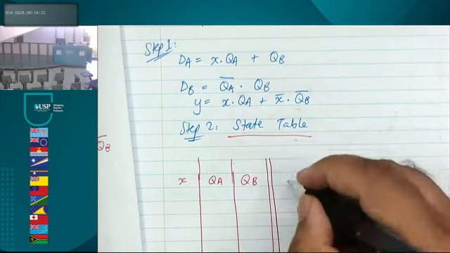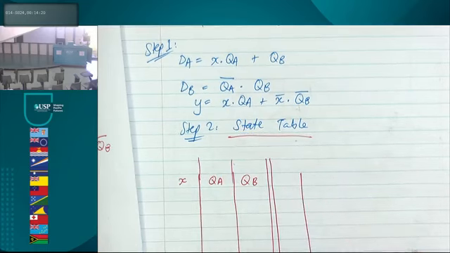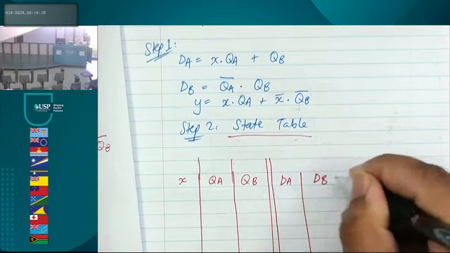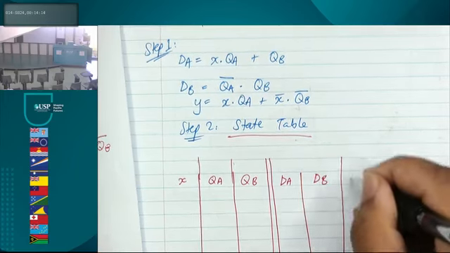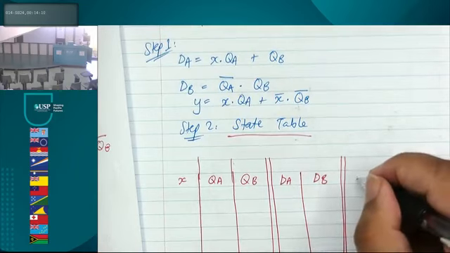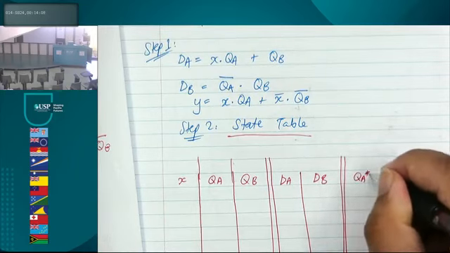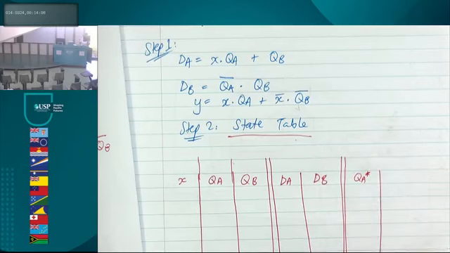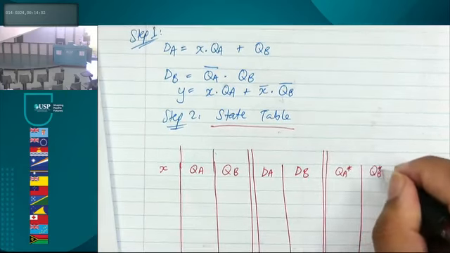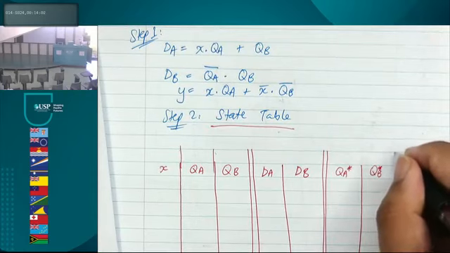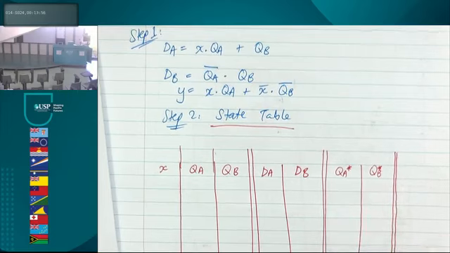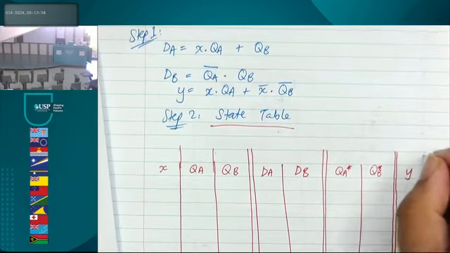QA, QB. Then there's DA, DB. Then there is QA star, or some people call it QA n plus 1. QB star. Then there is Y.